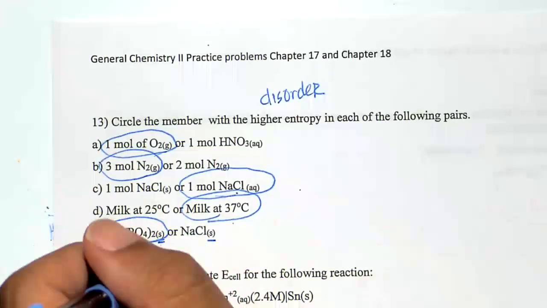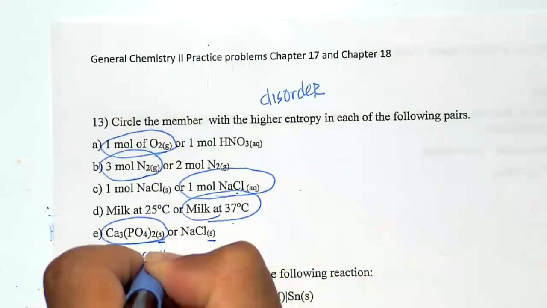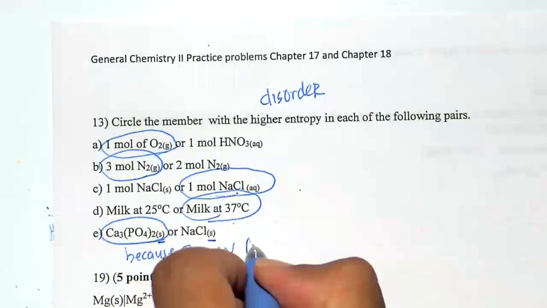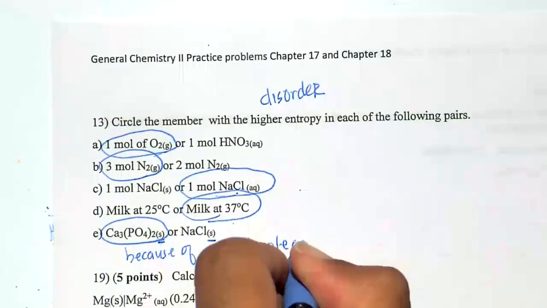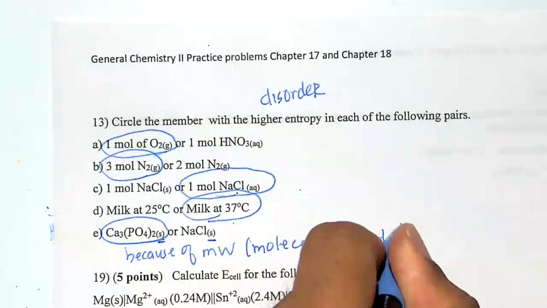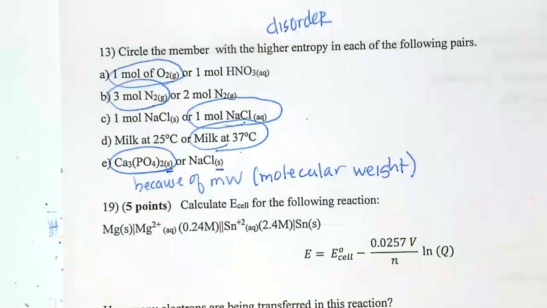So we usually associate more mass with more disorder. So that is how we tackle these types of problems here.